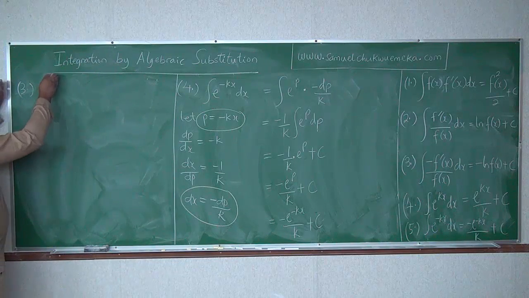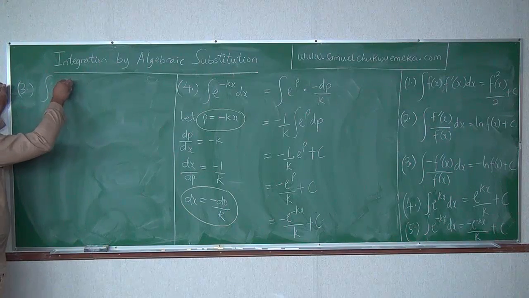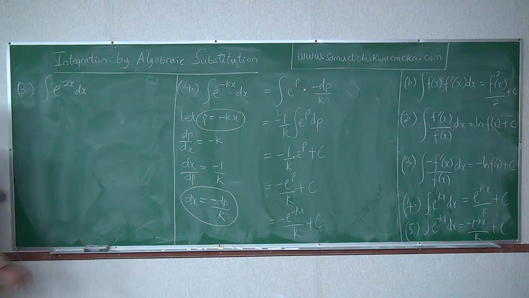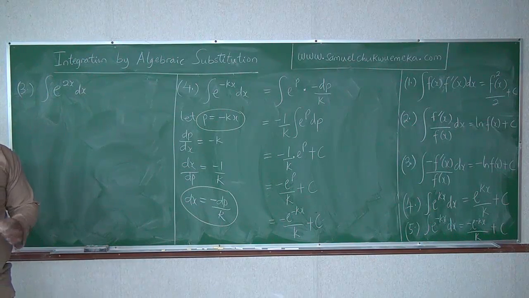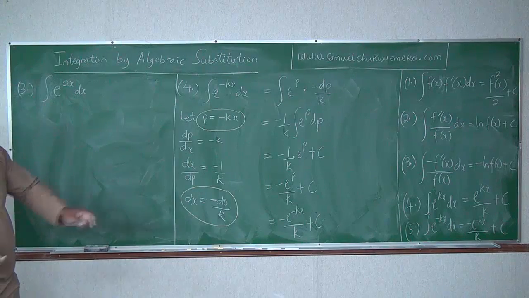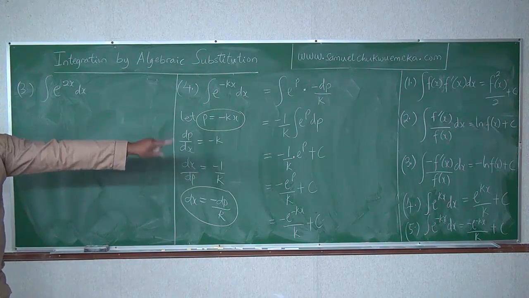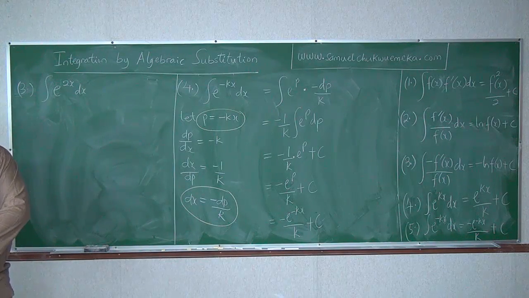If we have the integral of e to the 2x dx, and I ask you to do this 2 ways, can you solve this 2 ways using the 5 things we listed already?